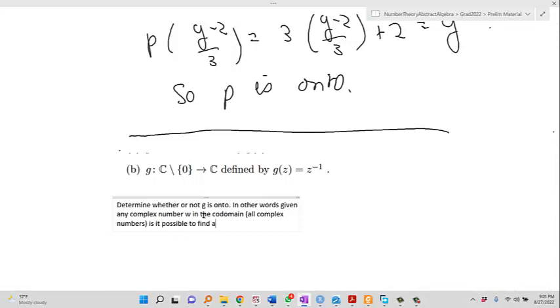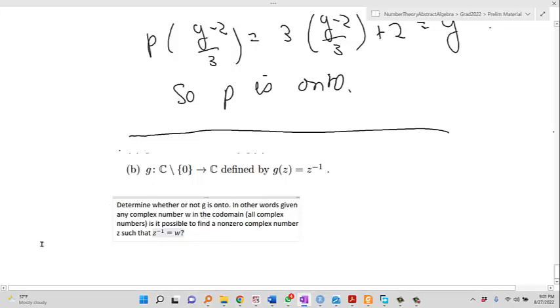Is it possible to find, for any complex number, a number whose inverse is that number?